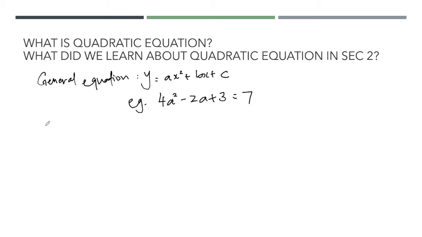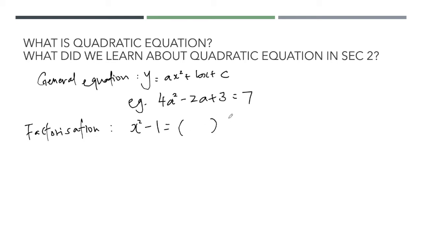And what do we learn about quadratic equations in Sec 2, or how do we handle the kind of questions that you will get? Last year, you learned how to handle a factorization question. Suppose you have x squared minus 1, and you are supposed to factorize this.